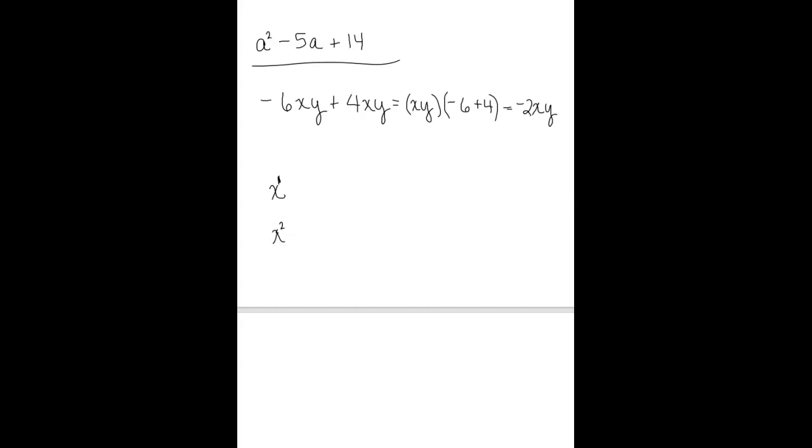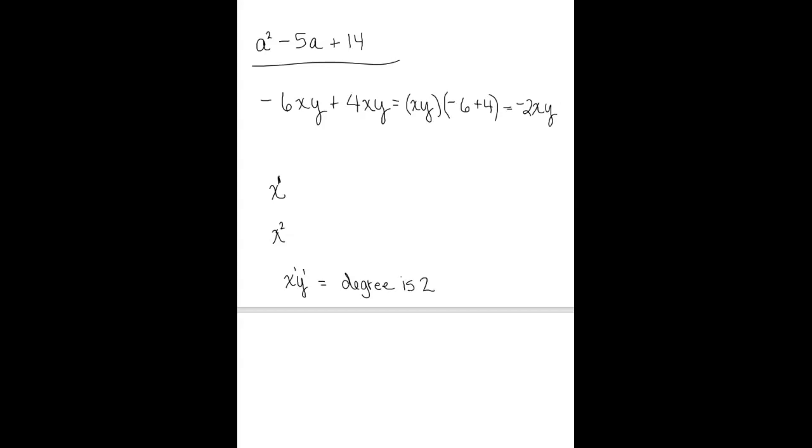And when we have more than one variable, like in this case, we had the xy, each of those has an exponent of 1. And when you add up all of the exponents on the single term with the highest total, that's known as the degree of the problem. So degree in this case is 2.